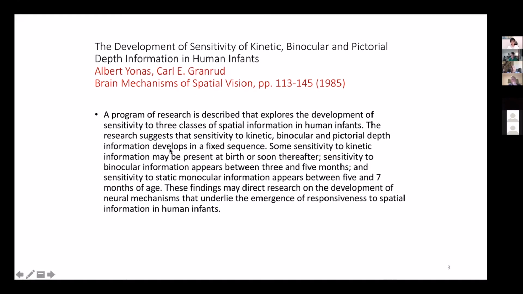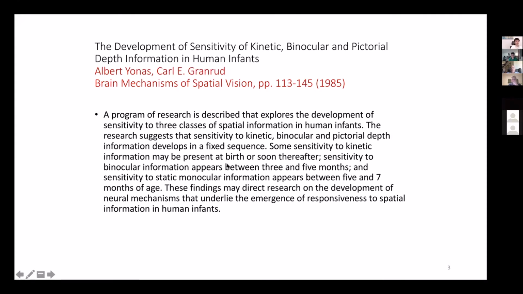Now here is the observation. They do experiments with babies, and find that some sensitivity to kinetic information may be present at birth or soon after. So motion perception comes early and drives our early grouping and depth and so forth.